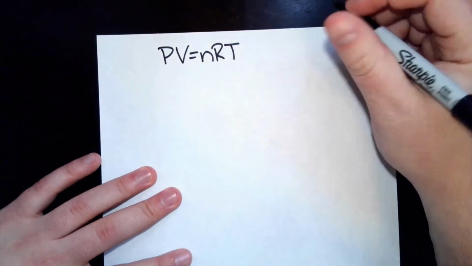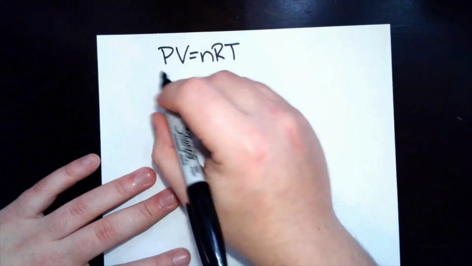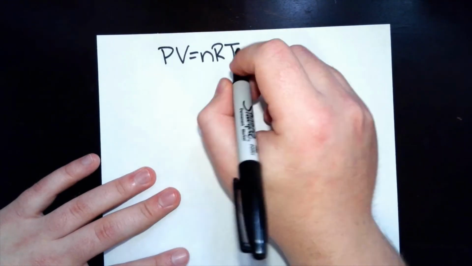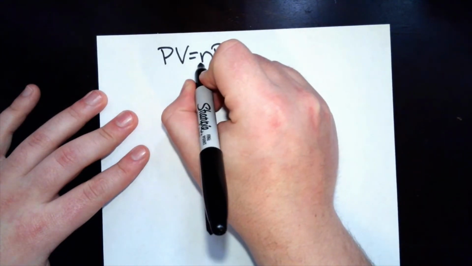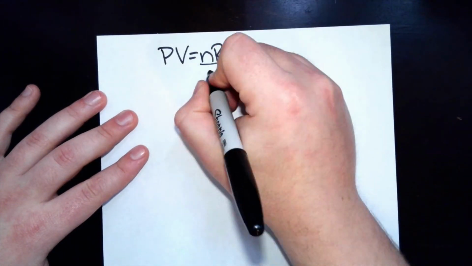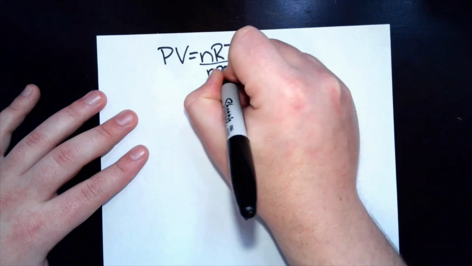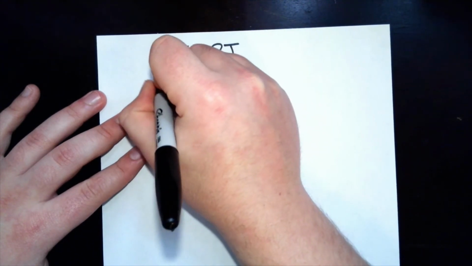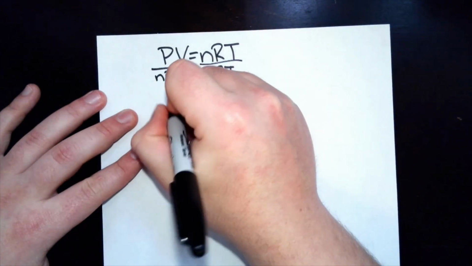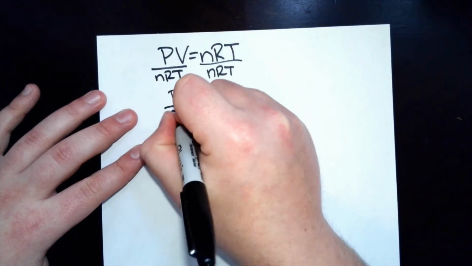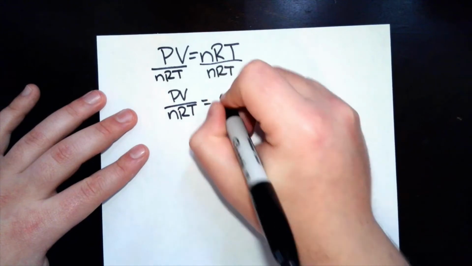So first, algebraically I'm going to change this around a little bit. I'm going to divide both sides by basically nRT. Right, so we've got PV over nRT equals 1.